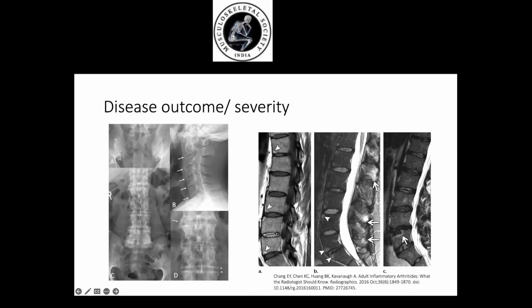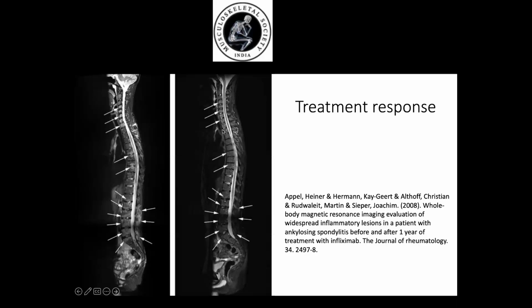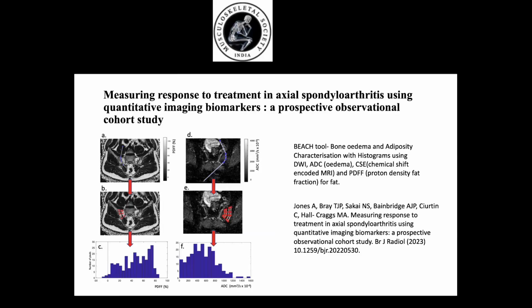So the presence of spinal disease heralds a more severe outcome. This patient with multiple spinal level involvement clearly had very severe disease at the start. After 1 year of treatment with biologics, there's been a really good response. So this is quite a key contribution that imaging can give in measuring treatment response.